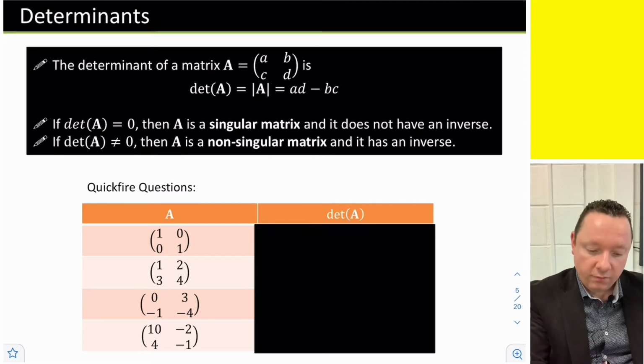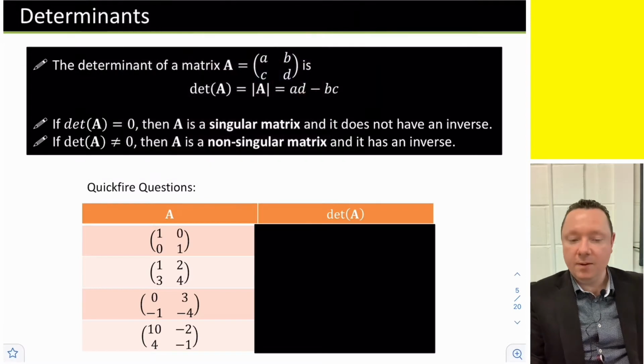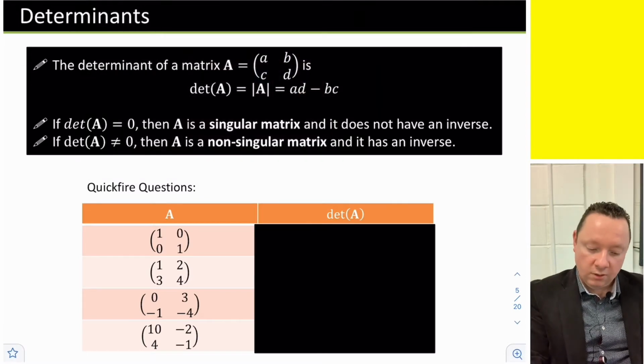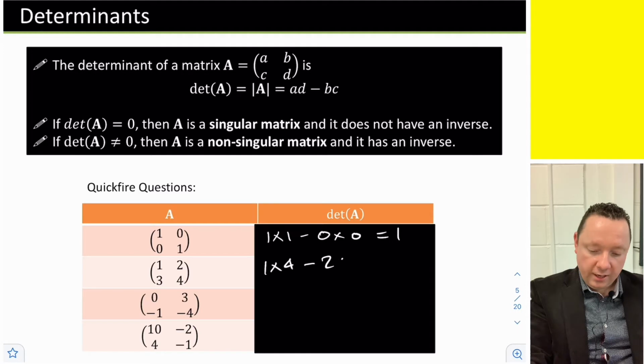Here are some quick fire examples of finding the determinant of matrices. So if I've got 1, 0, 0, minus 1, the determinant of that would be 1 times 1 minus 0 times 0, which is just 1. The second one would be 1 times 4 minus 2 times 3, which is minus 2.